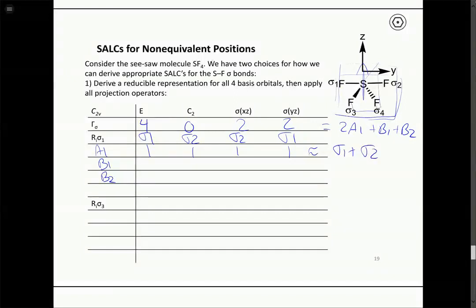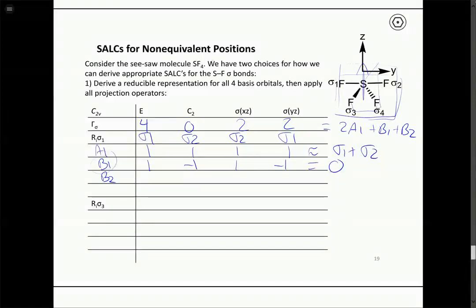For b1, we get characters of 1, minus 1, 1, minus 1, and so when we add these together, we get sigma 1 minus sigma 2 plus sigma 2 minus sigma 1. So the sigma 1s cancel out, sigma 2s cancel out. This means this equals 0, and what this tells us is that there is no b1 SALC that involves sigma 1 and sigma 2.